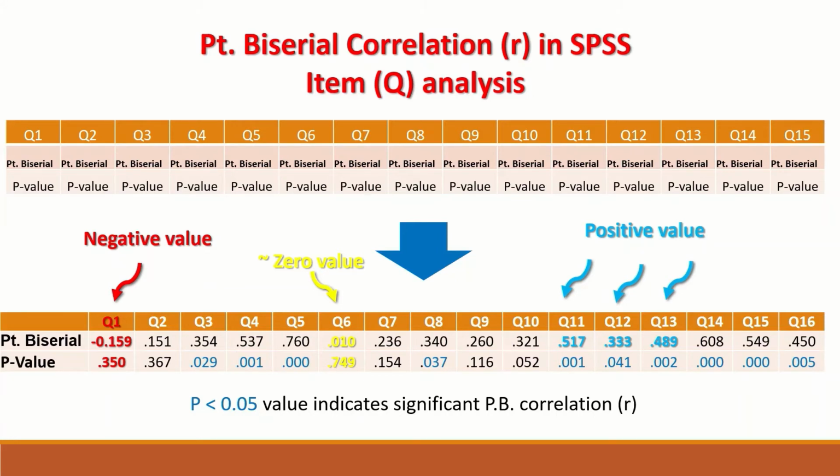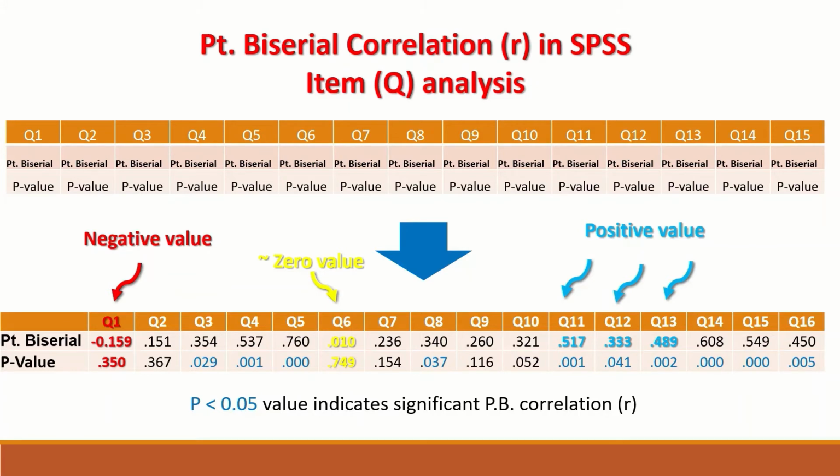Question 12 is also a good question, as its value is 0.33 and the p-value is less than 0.041. The same applies to question number 13. We can call it a very good question, as the R value is 0.48 and the p-value is very low.